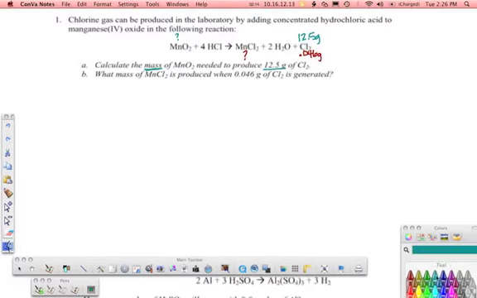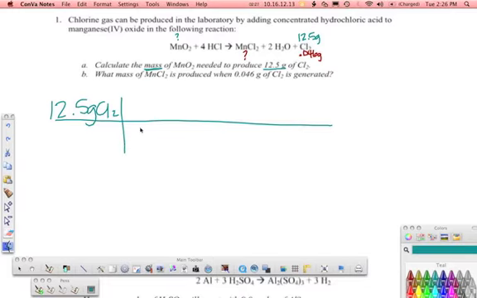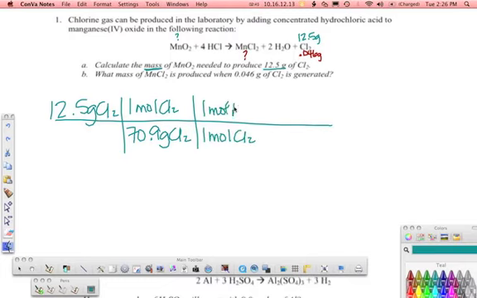So I'm going to start with A, and this is a mass to mass stoichiometry, so 3 steps, 12.5 grams Cl2, molar mass first, then the mole ratio, and last but not least is the molar mass of our reactant.